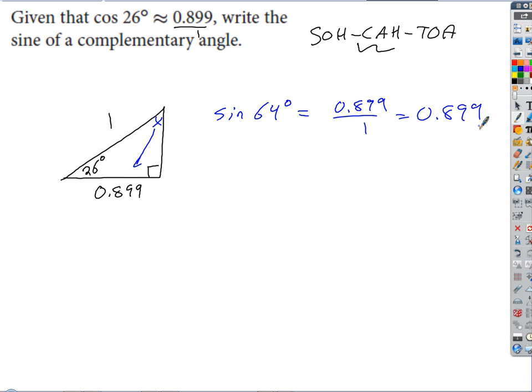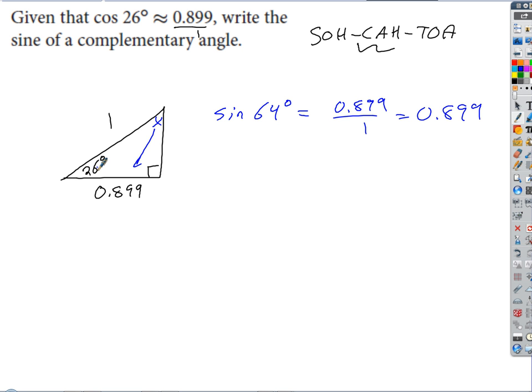Okay? So that just betrays another little relationship that you guys will get a lot of mileage out of next year, for example. Not so much this year, but sine of one angle in a right triangle is always going to be equivalent to cosine of the complementary angle and vice versa.